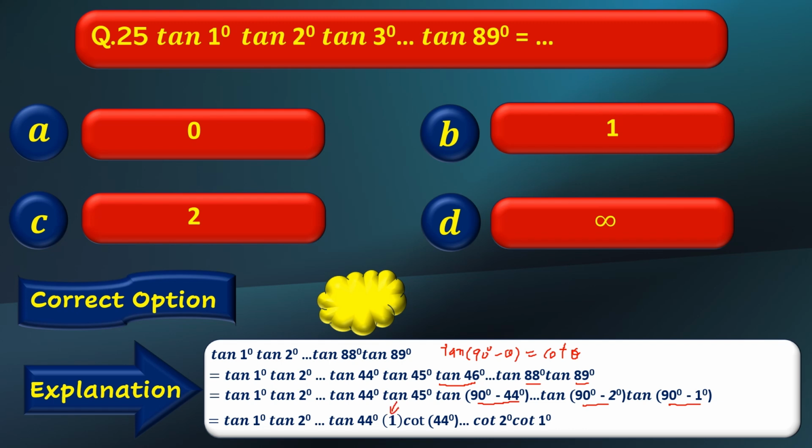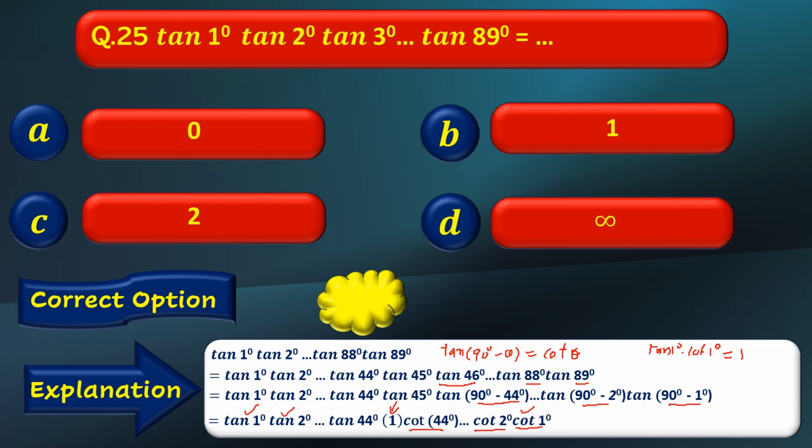Also tangent (90 minus 44) will be equal to cotangent 44 degree. Likewise, tangent (90 degree minus 2 degree) will be cotangent 2 degree. Tangent (90 degree minus 1 degree) will be equal to cotangent 1 degree. Now, tangent 1 degree and cotangent 1 degree gives answer 1 because tangent and cotangent are reciprocals of each other.